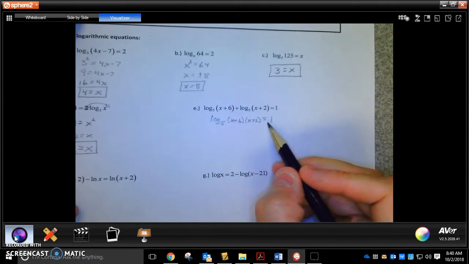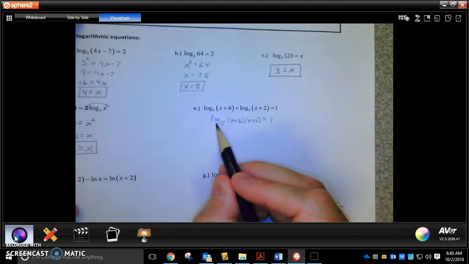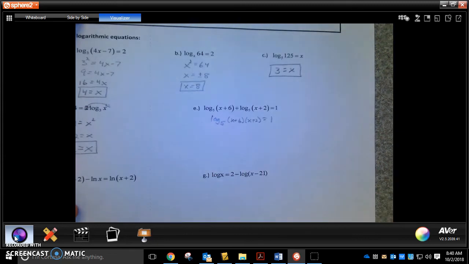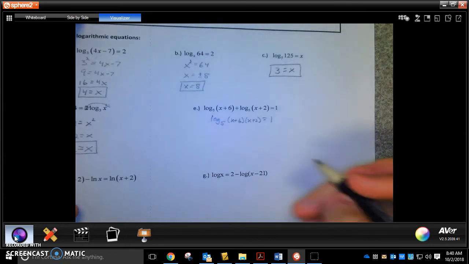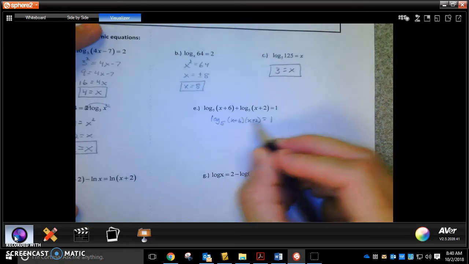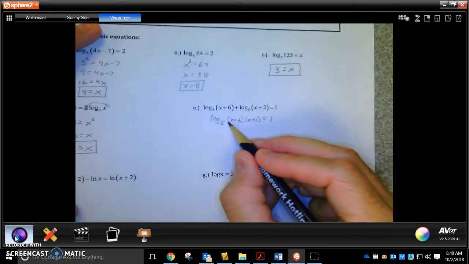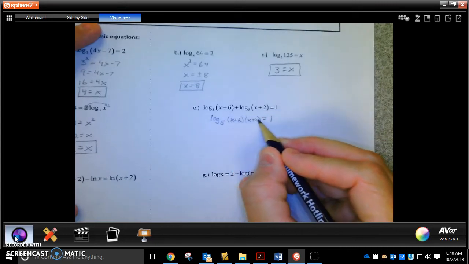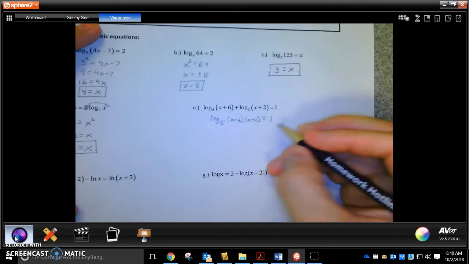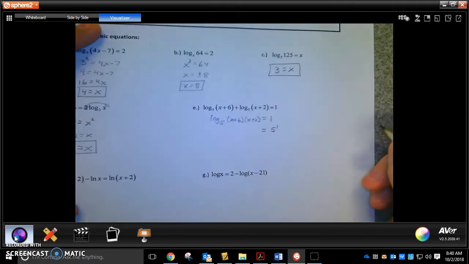I can rewrite this as an exponential, which is how you're supposed to solve this when you just have a log on one side. So it's going to be 5 to the first power equals this. Now, I'm going to do a couple things here. First off, I'm going to simplify this, and I'm going to move that 5 to the other side.